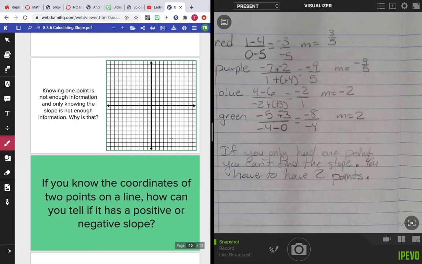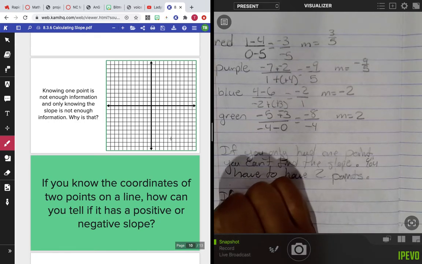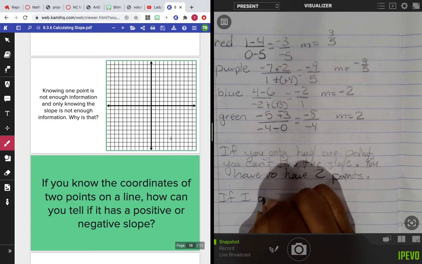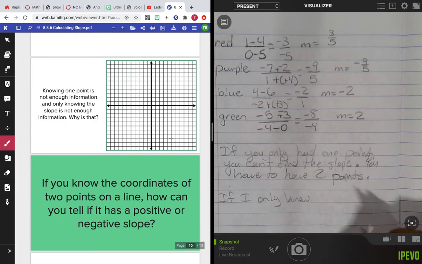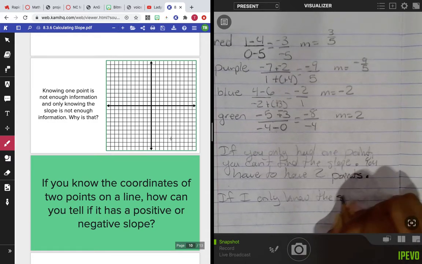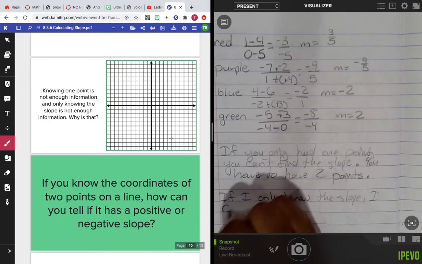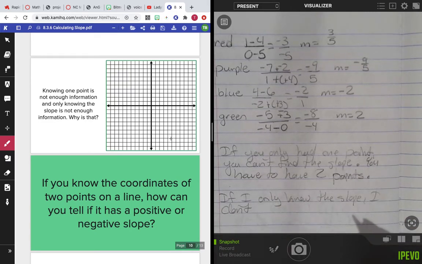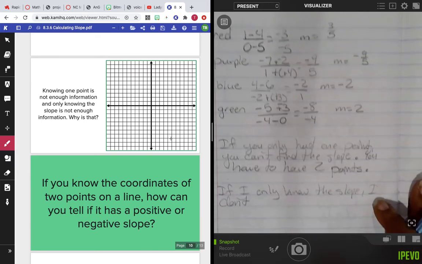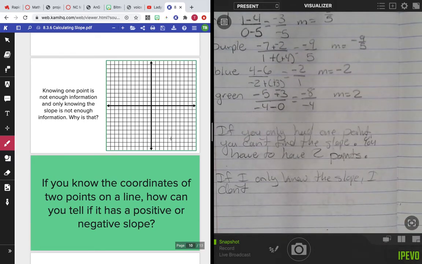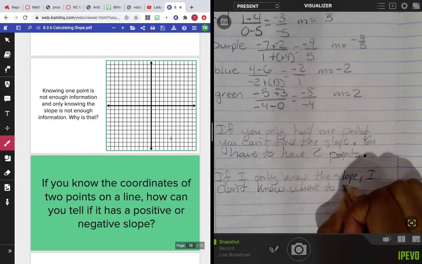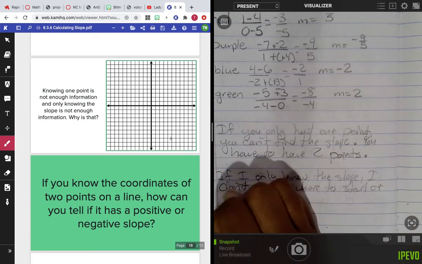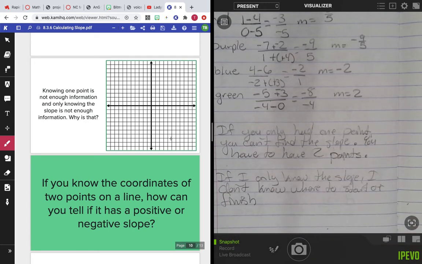And if I only know the slope, well, you have no idea where to start or finish, and the reason for that is you don't know what point was created to make that slope. So that's why having one or the other is not enough. You have to have both.